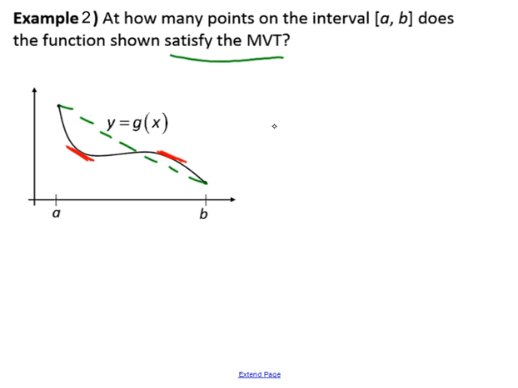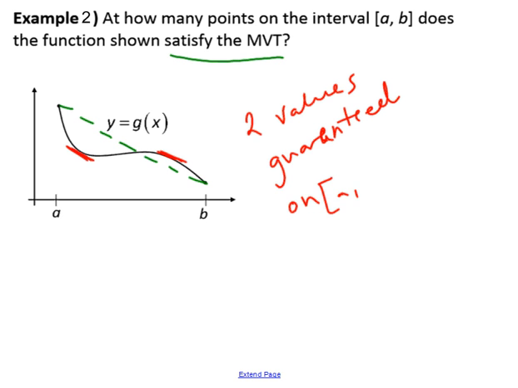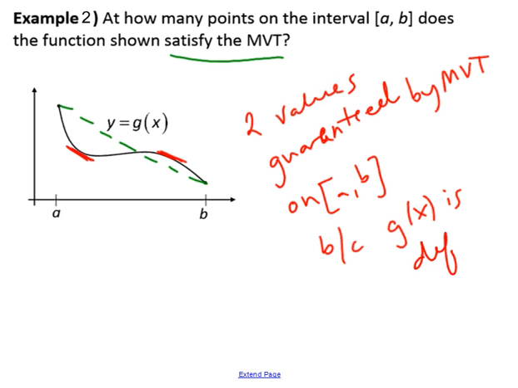So there are 2 values guaranteed on the interval from A to B by the mean value theorem, because g of x is differentiable on the interval from A to B. Okay? And that's it. That's the mean value theorem.